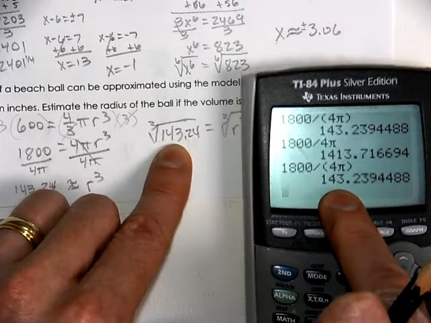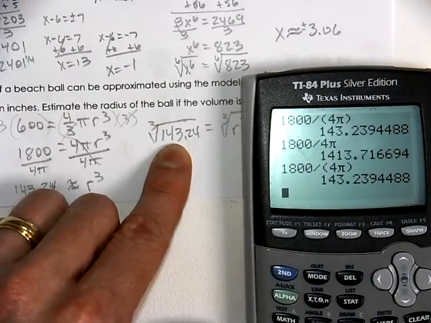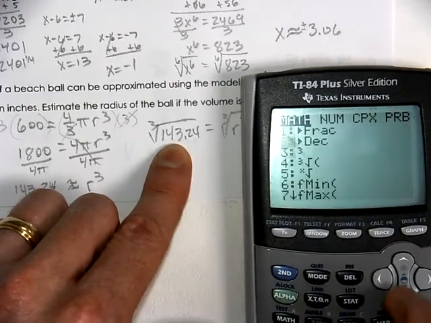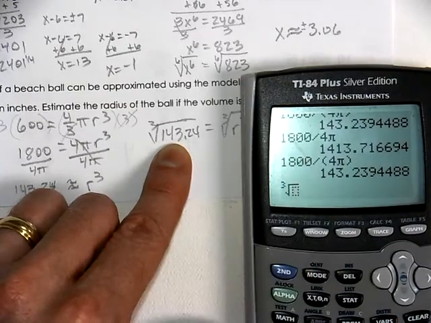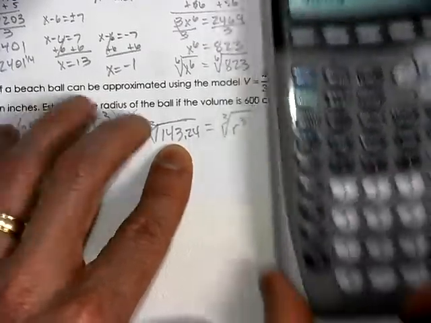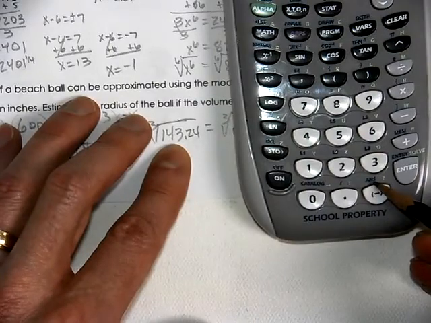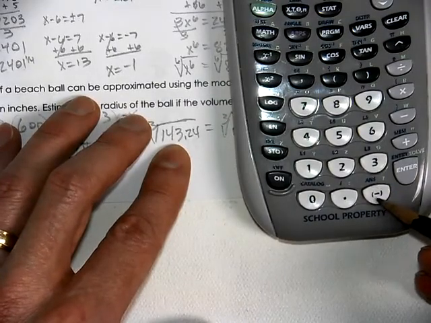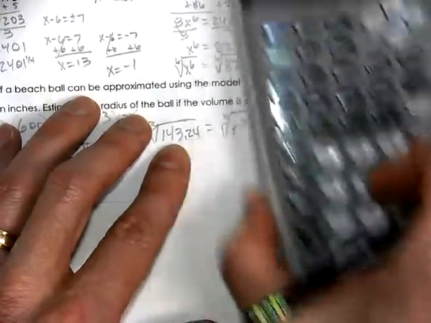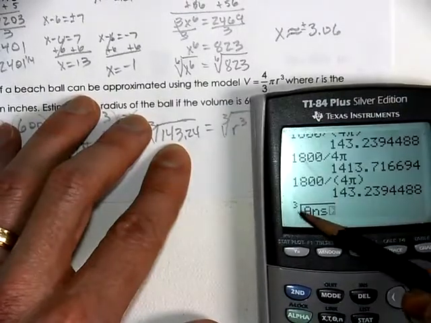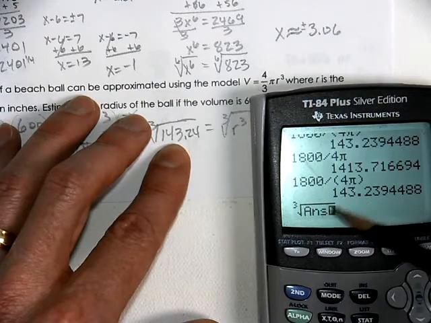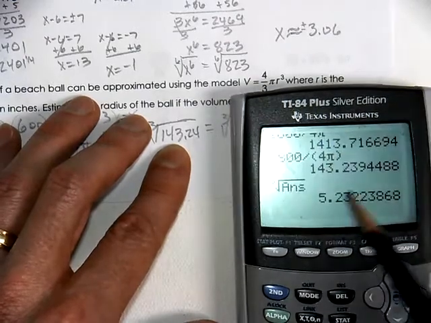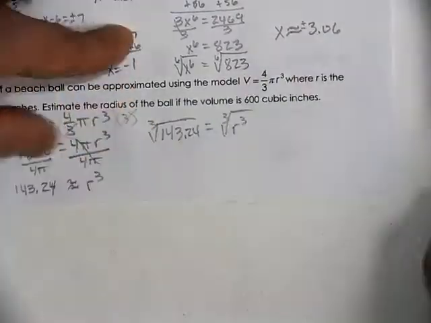We want our 143 as our real answer, and we're going to take math down to number 4, which is the cubed root, and we want to do that to the entire answer. The answer button, the ANS button, is with the negative key. So the cubed root of your previous answer gives us 5.23.